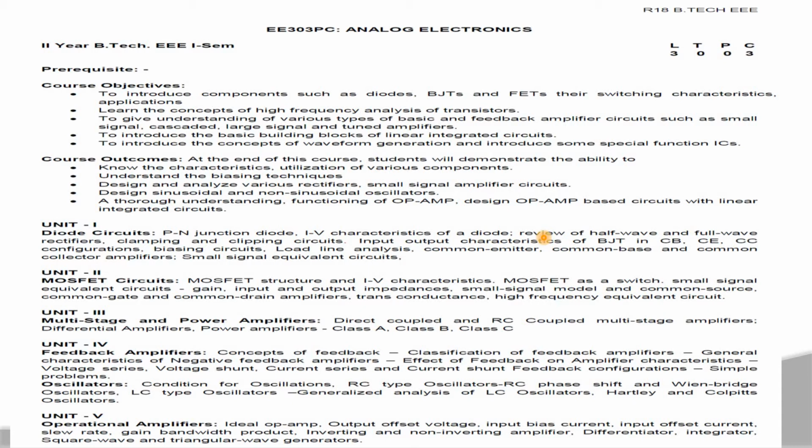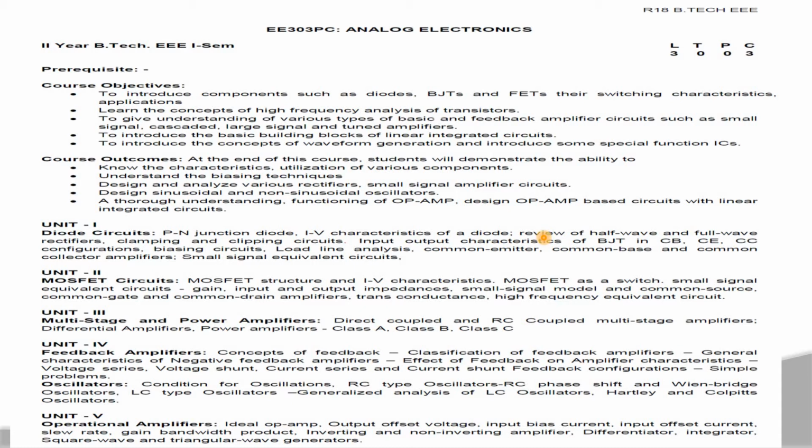What are the core objectives of the analog electronics? Here we have to be introduced to new components in electronic devices as per the syllabus: diodes and bipolar junction transistors and field effect transistors and their switching characteristics and applications, and how the high frequency analysis of the transistor takes place.